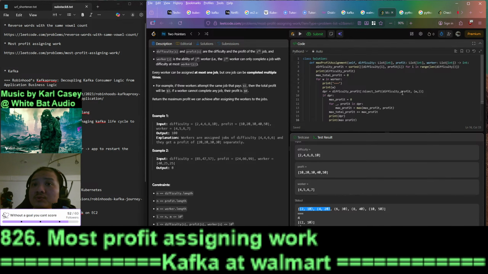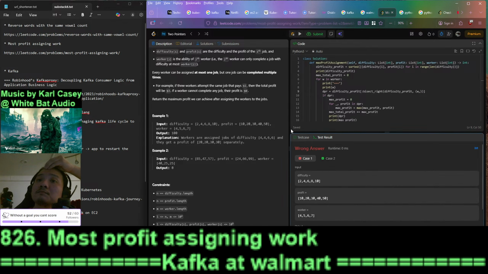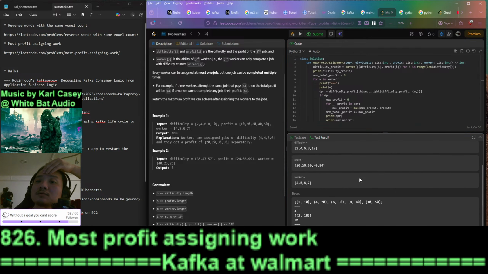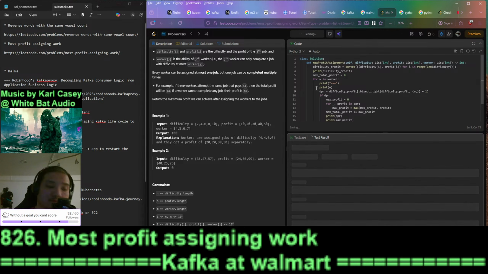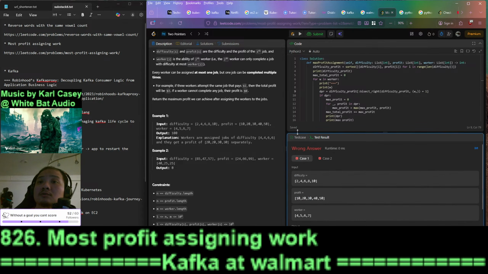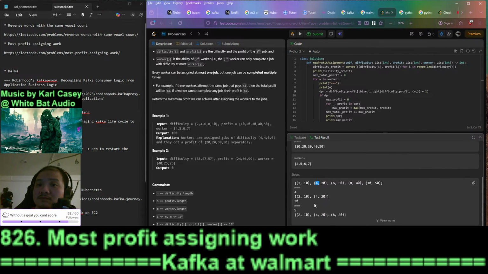Okay, do we do bisect right then? Right, still find 210 plus 1. 210, 420, good, because we want to find 4, right?